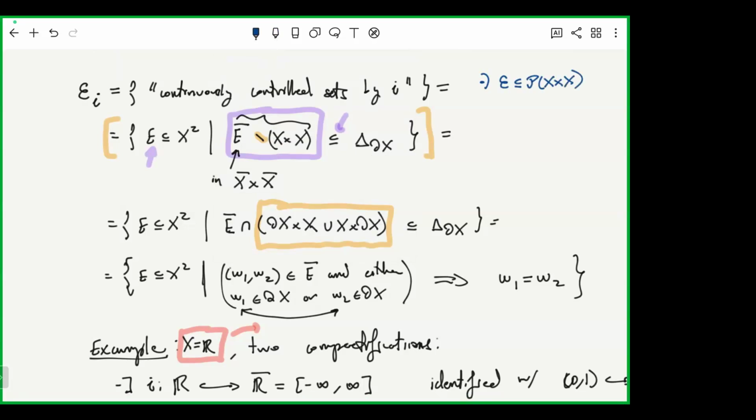In this case, we have the equality, so every subset is controlled. This means that X behaves like a bounded metric space. X is bounded, so from infinitely far away, this is going to be equivalent to a point. So that's why everything is controlled.